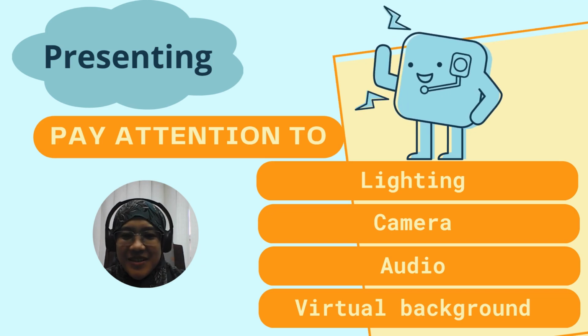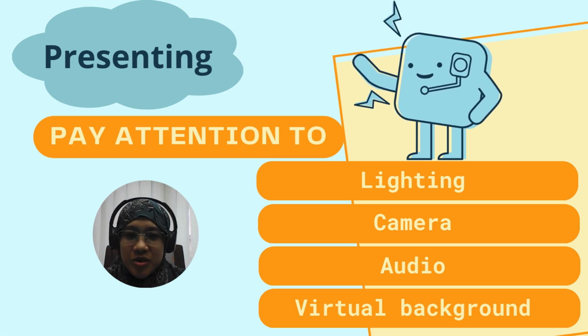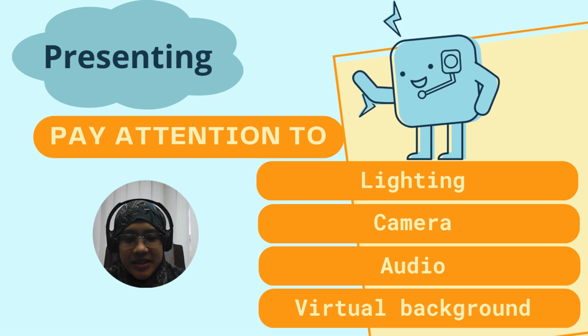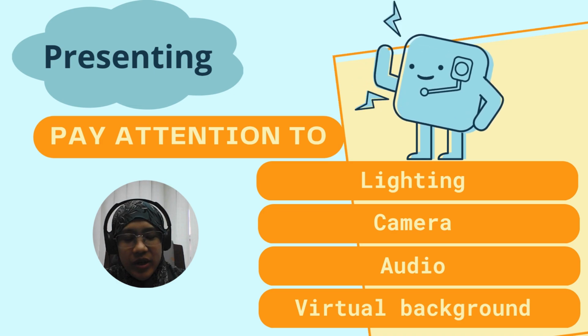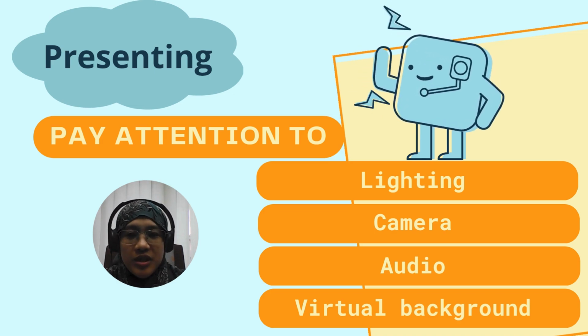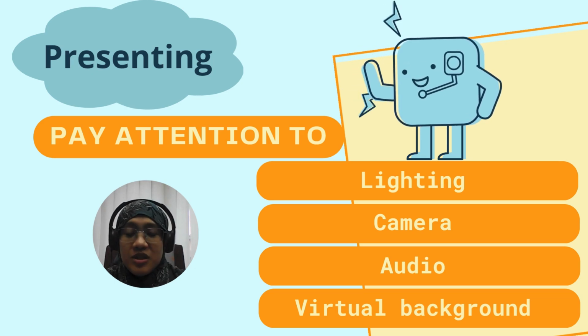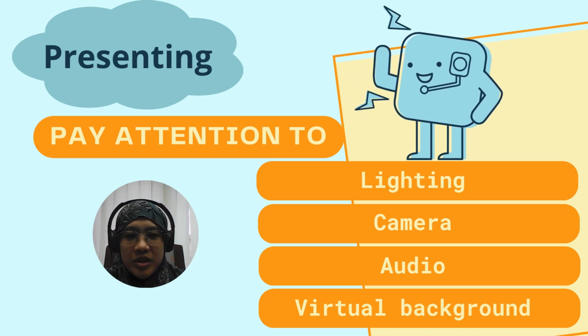You have to make sure that the lighting is good, that it's all bright and clear. You have to make sure that your camera is working and functioning well. You have to make sure that your audio is clear. And you also have to make sure that the background that you have is suitable with the presentation that you are about to have.